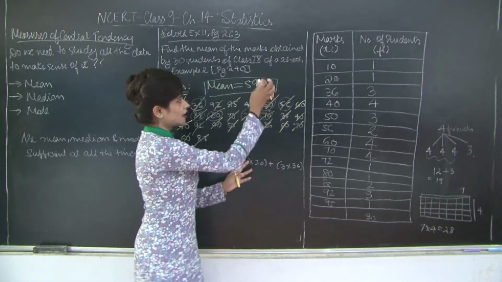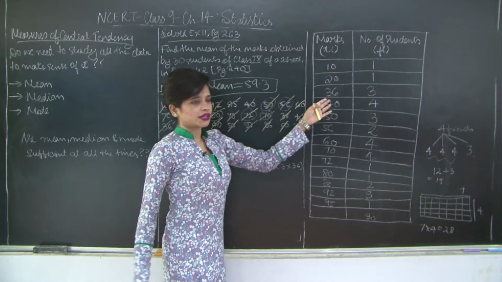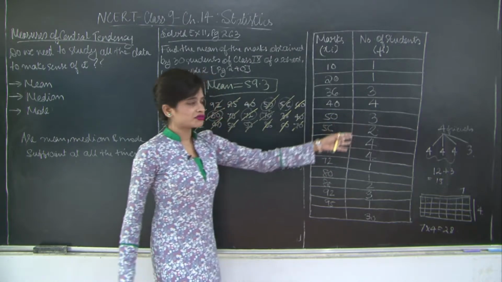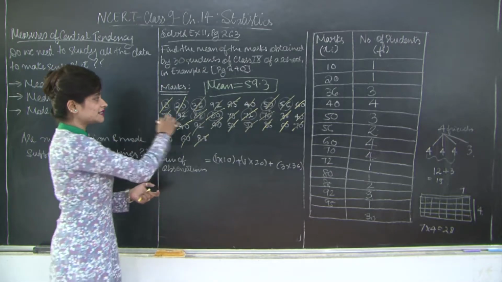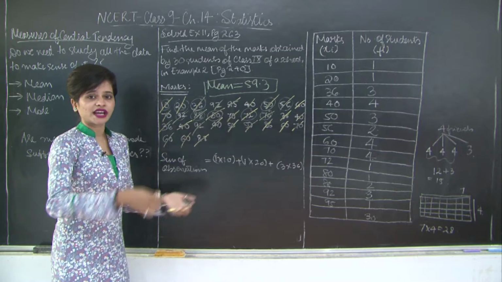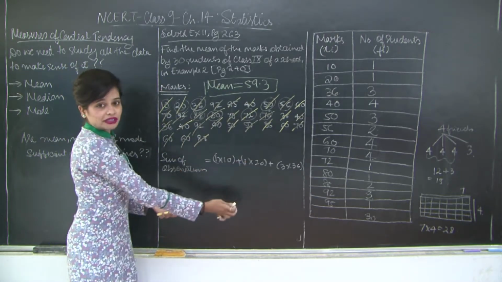Instead of writing down 36 3 times, I am just saying 36 into 3. Instead of writing 50 3 times, I am just writing 50 into 3. Earlier, before erasing the board, I had written these numbers as many times as they were repeated. For example, if 50 was occurring 3 times, I wrote 50 plus 50 plus 50. But now I'm simplifying this further.